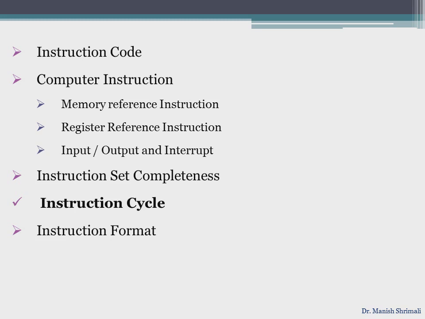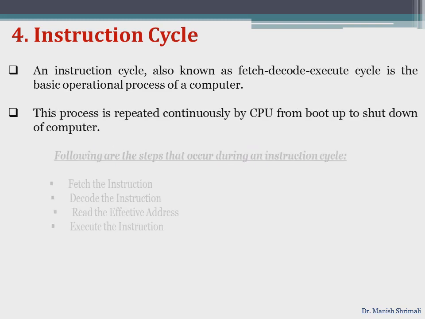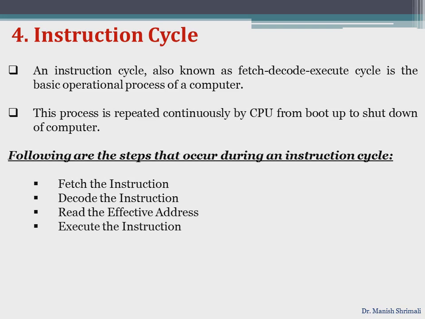Now let us see what an instruction cycle is. An instruction cycle, also known as the fetch, decode, execute cycle, is the basic operational process of a computer, and this process is repeated continuously by the CPU from boot up to shut down of a computer.